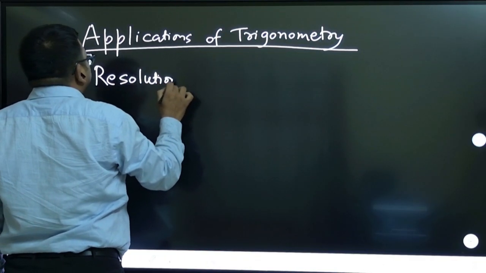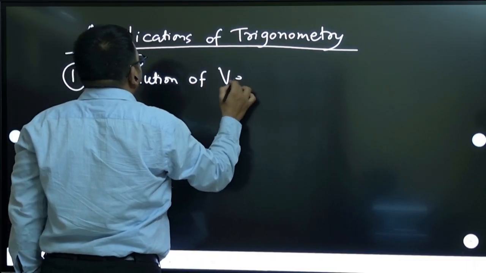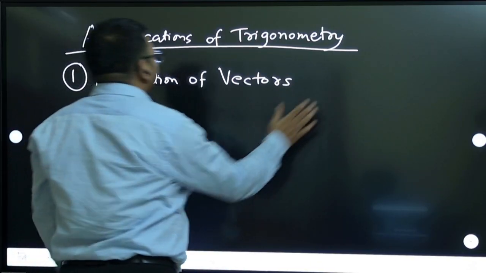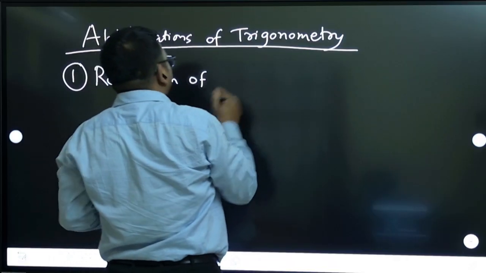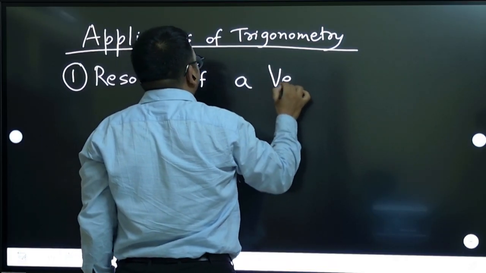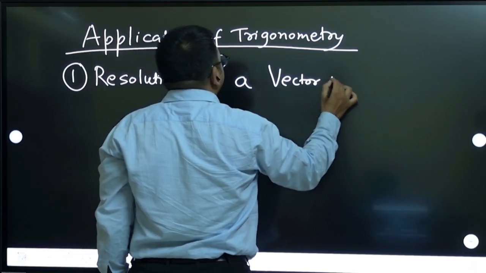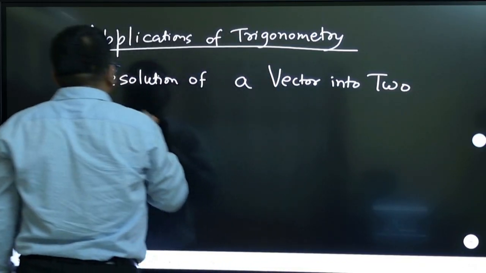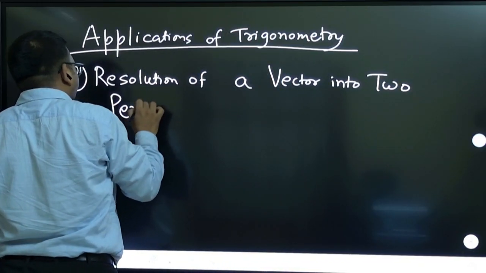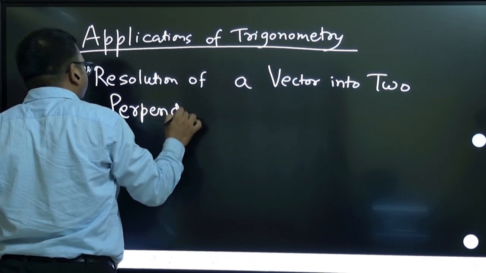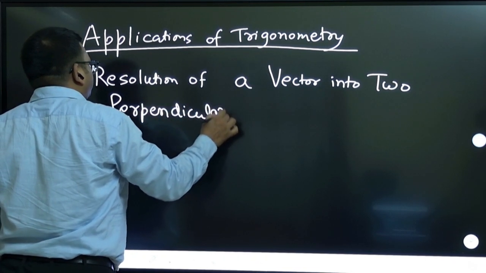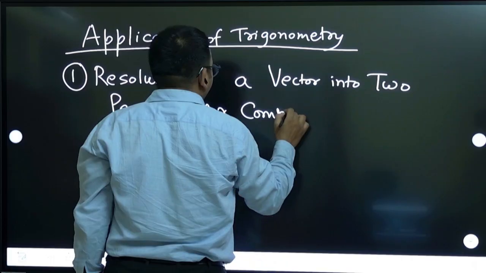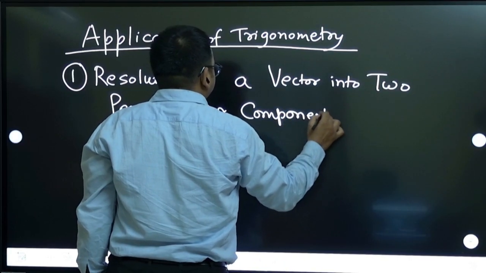Resolution of a vector into two perpendicular components. Two perpendicular components. Okay.